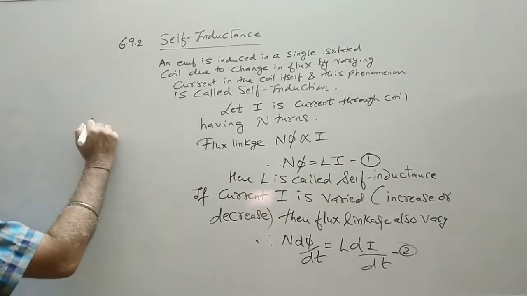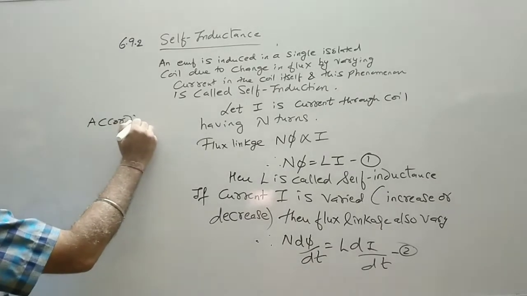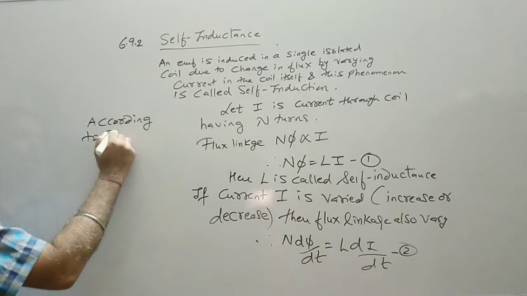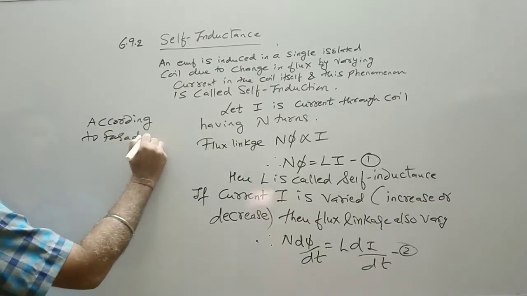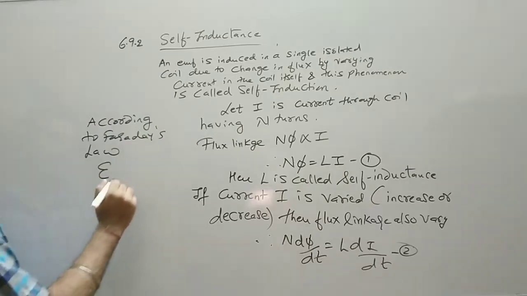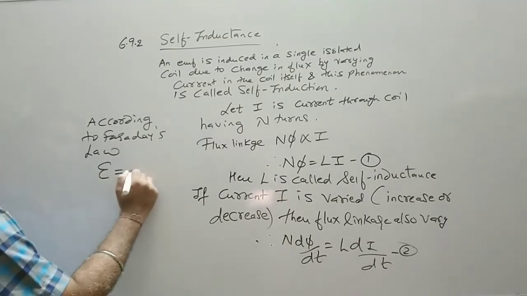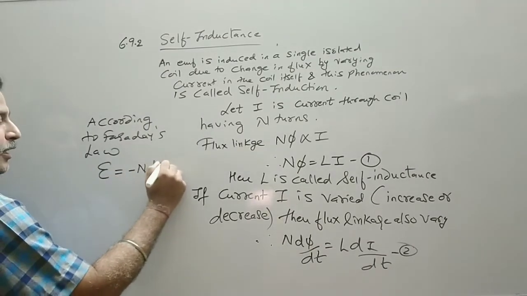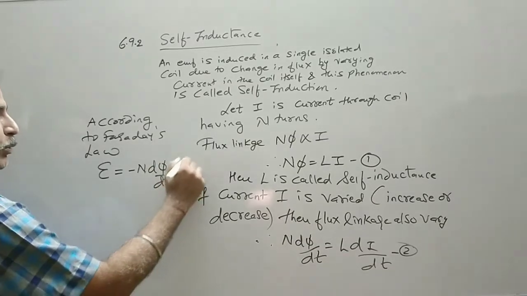Now we come to Faraday's law, because the flux is changing. So according to Faraday's law, EMF induced should be equal to minus N d phi by dt. That is equation 3.